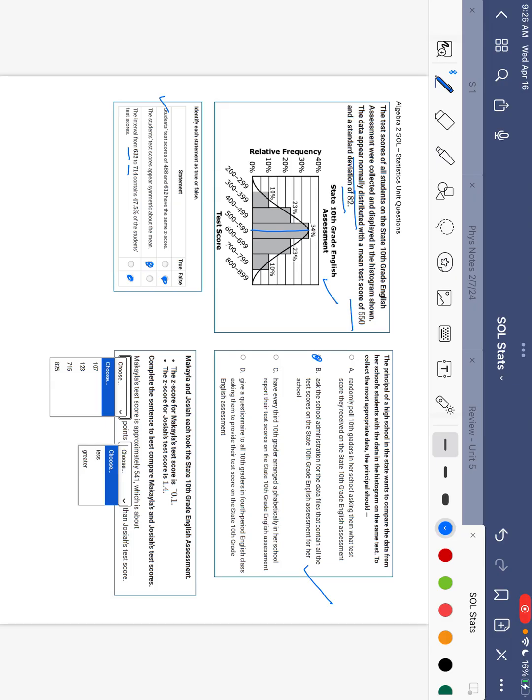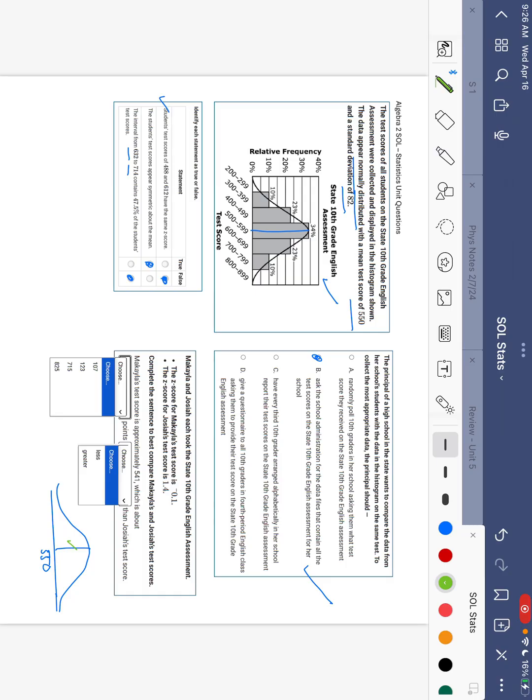All right. So Michaela and Josh each took the state 10th grade English assessment. The z-score for Michaela's test score is negative 0.1. So if the mean was 550, Michaela has a negative z-score, so her score was over here somewhere.